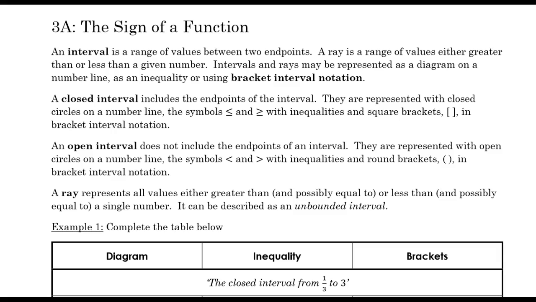We use a round bracket to indicate an open interval, where we don't include that point. Graphically, we represent that with an open circle, and symbolically, we use a strictly greater than or strictly less than symbol.